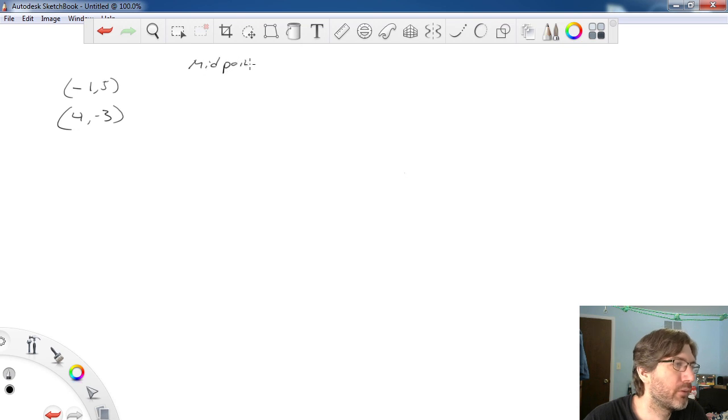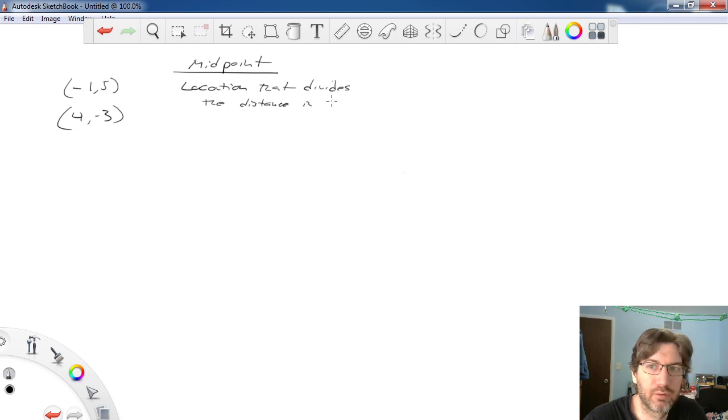The midpoint is the location that divides the distance in half.